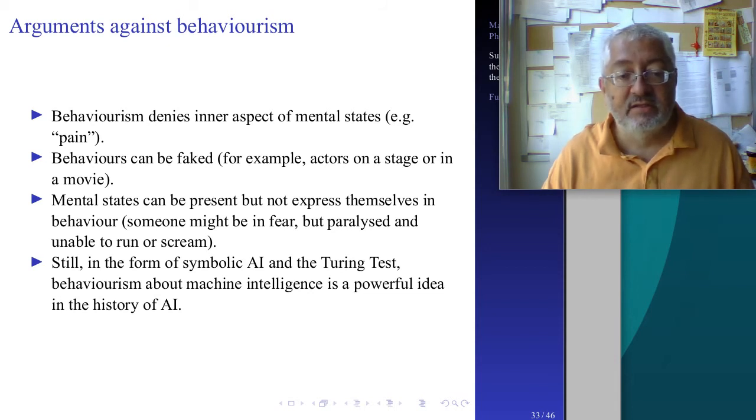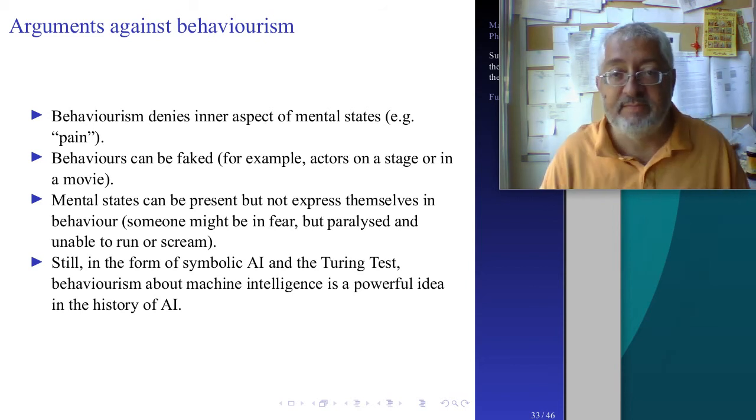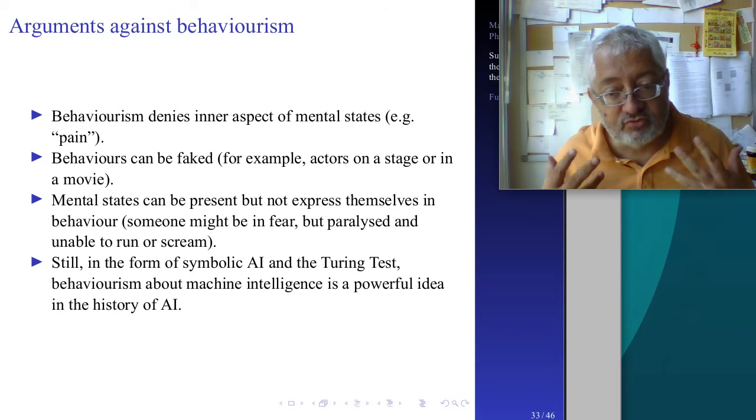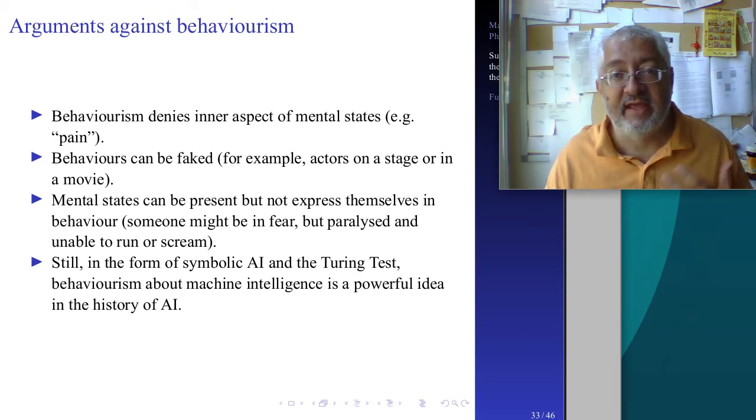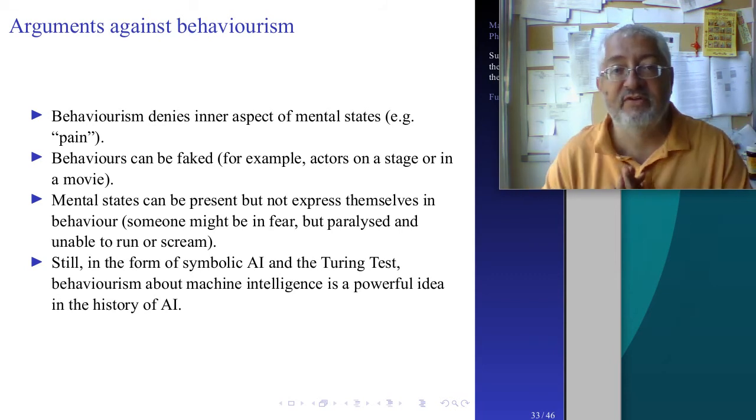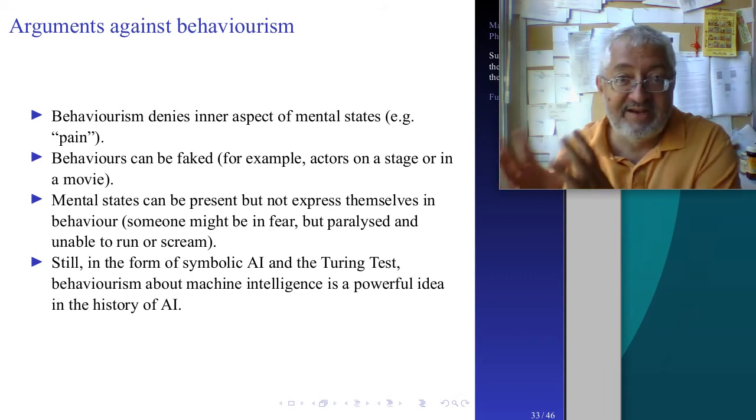And therefore we need to be aware, and our default setting in everyday situations is often to be behaviorists. So we should be aware of these differences and see our own behaviorism or the historical behaviorism of AI with a critical eye.